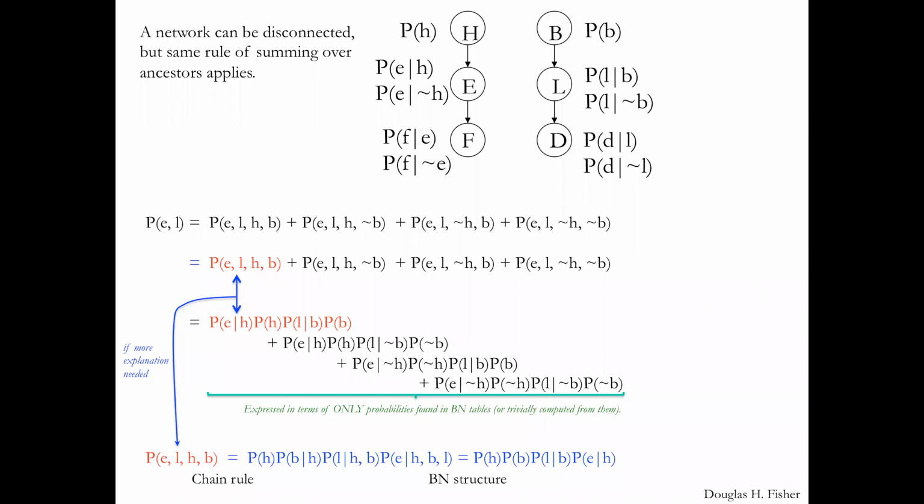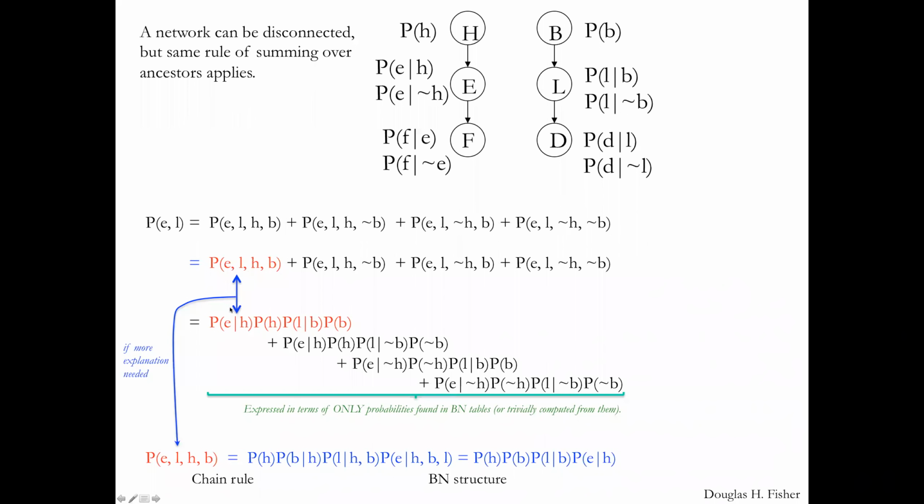Again, a network can be disconnected, but this rule of summing over ancestors still applies. The probability of E and L in this case, same joint probability, summing over H and B there, which are still the parents of E and L here.